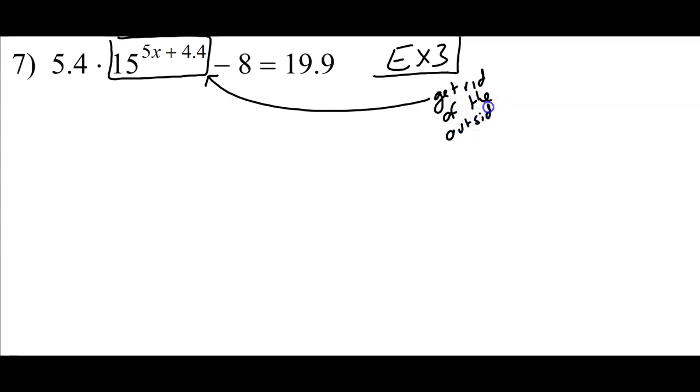Now this is kind of tricky because they're not really outside numbers. If I wrote it like this, there's no numbers outside of anything. There's just numbers, right? But what I want you guys to think of is think of this piece as a whole. And I box it in because everything else is what I'm going to call the outside numbers, okay? They're outside of the exponential piece. So I need to get rid of the 5.4 and I need to get rid of the 8. That's the first step. After that, the problem is exactly like the last one.